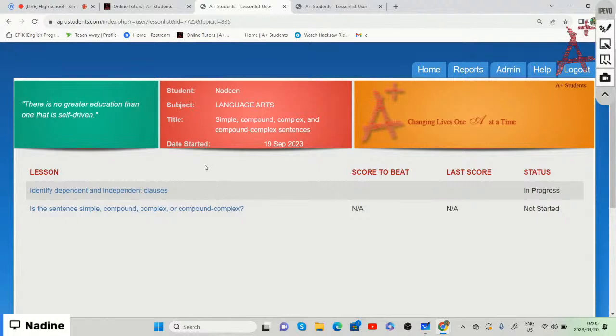The two focus lessons are: identify dependent and independent clauses, and is the sentence simple, compound, complex, or compound complex?